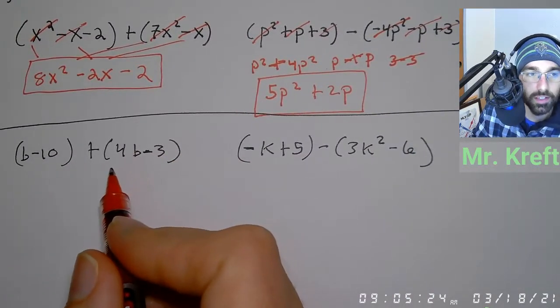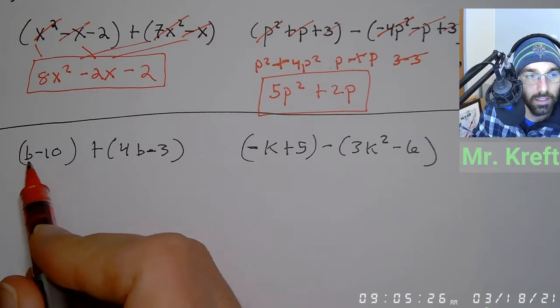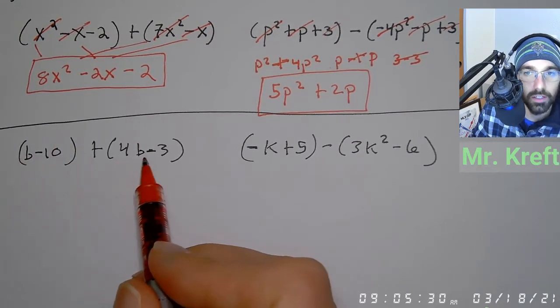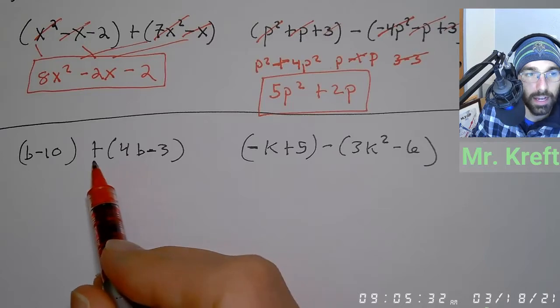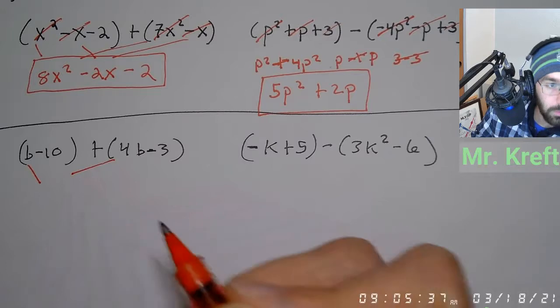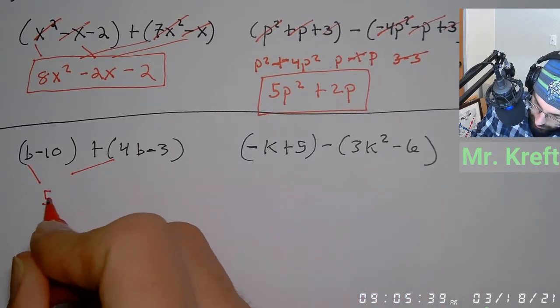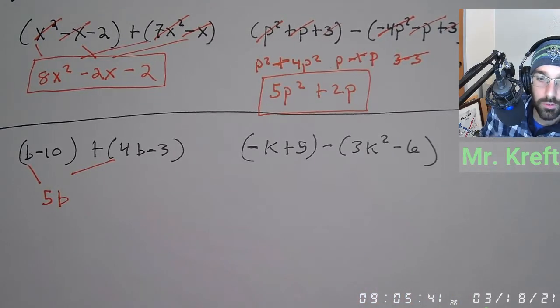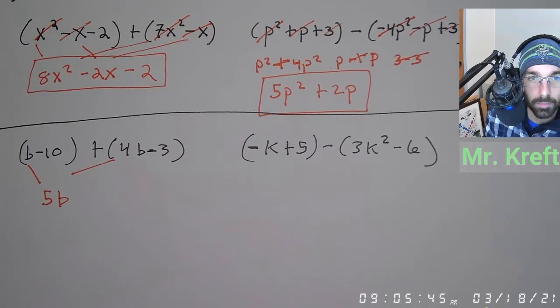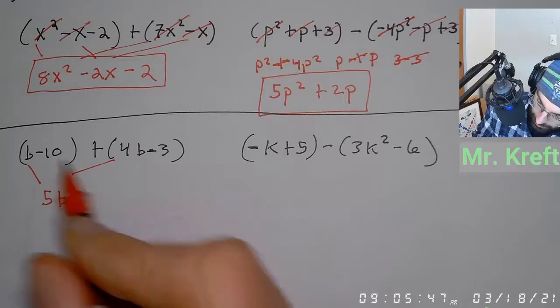Again, when we're adding, we're just identifying like terms. So right here on the left, I have 1b, okay? And then here on the right, I have 4b. So if I add those together, how many do I have total? Well, I have 1b here and 4b here. So that's a total of 5b. Okay, so you're just adding. It's like you have two baskets and you're combining everything in the baskets, right?